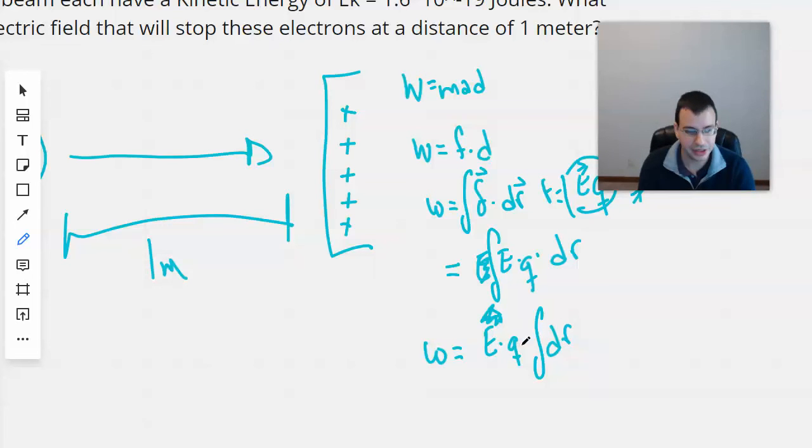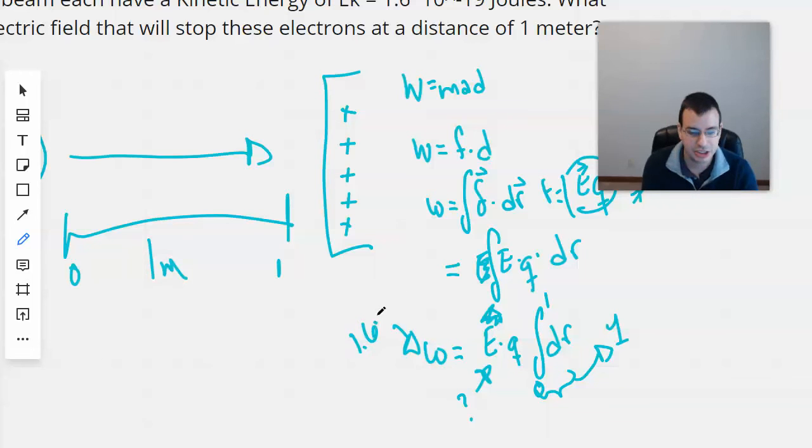So we know that the total distance is from 0 to 1. We'll call this 0 meters. We'll call this 1 meter. So this right here goes to 1. Electric field, that is unknown. Work we're given is 1.6 times 10 to the negative 19th joules. And then Q is given as the charge of an electron.